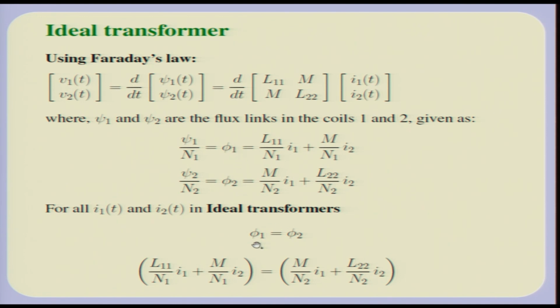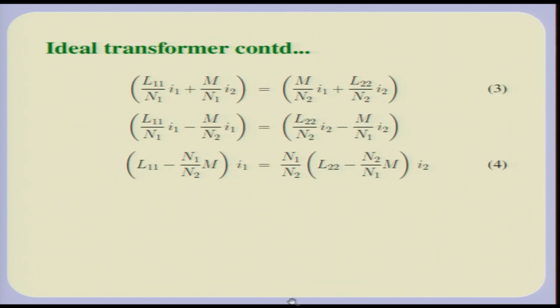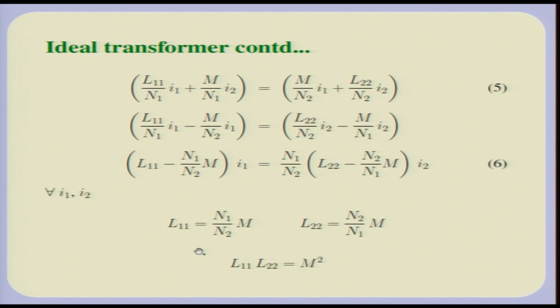In fact, we can easily see, because phi 1 is equal to phi 2, that the equation shown at the end holds. If you go to the next page, it is easy to see that if this equation holds for all values of I1 and I2, then another interesting relationship which comes out for an ideal transformer is L11 L22 equals M square, and also L11, the self inductance of the first winding, is equal to N1 by N2 into the mutual inductance, and L22 is equal to N2 by N1 into the mutual inductance.